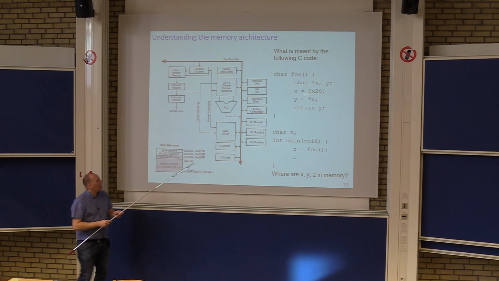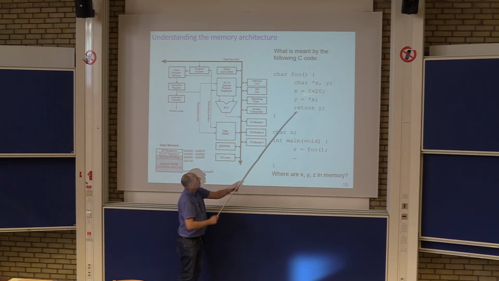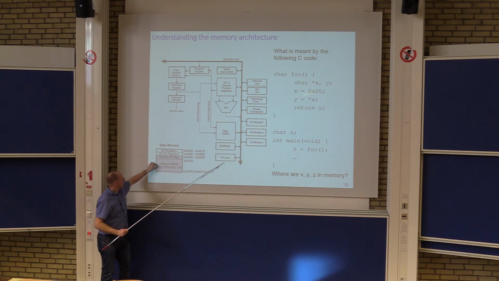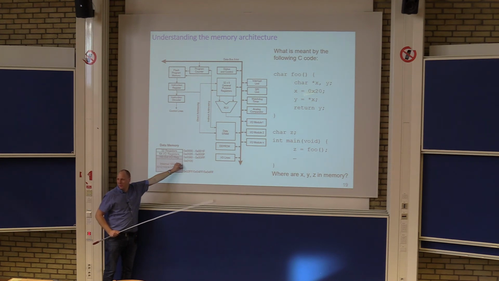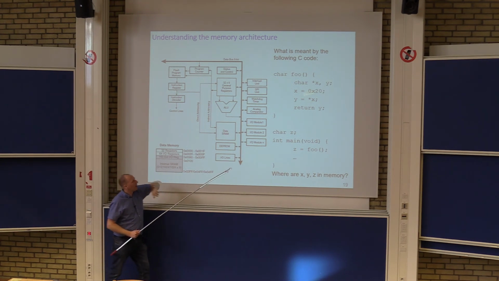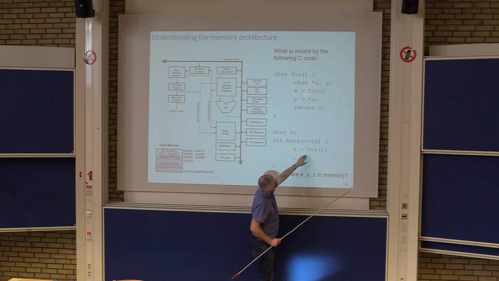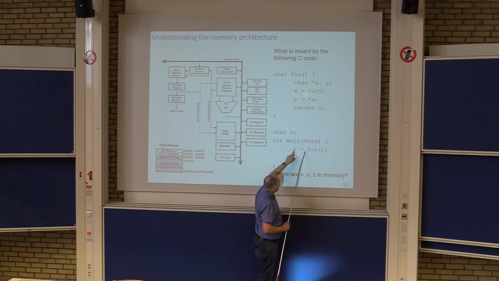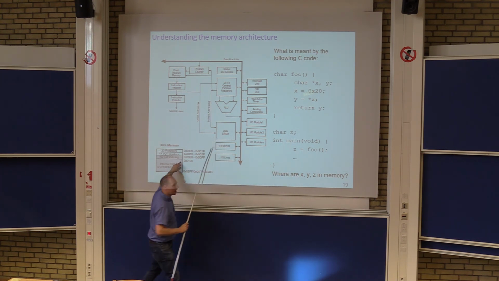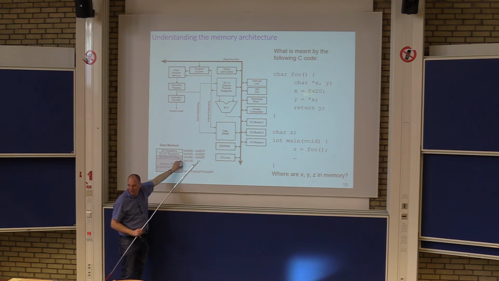When this has executed, y, the new value, will be the topmost element in the stack. Right? And now when you return back, you will assign z, which is at some arbitrary memory location here, not in the stack.